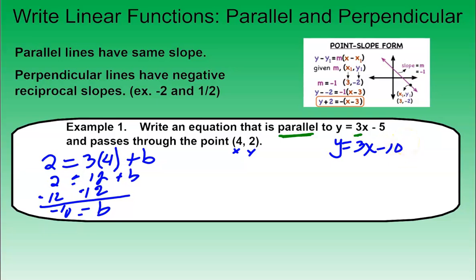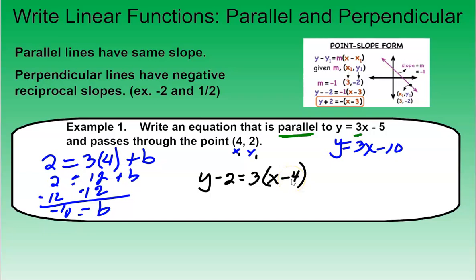Now let's just say you wanted to use point-slope form. So my slope is 3, and my x1 and y1 are going to be 4 and 2. So I would have y minus 2 equals our slope of 3 times x minus 4.